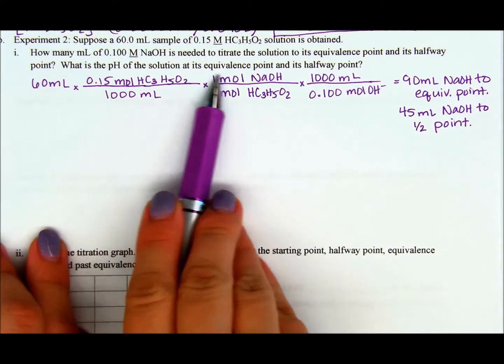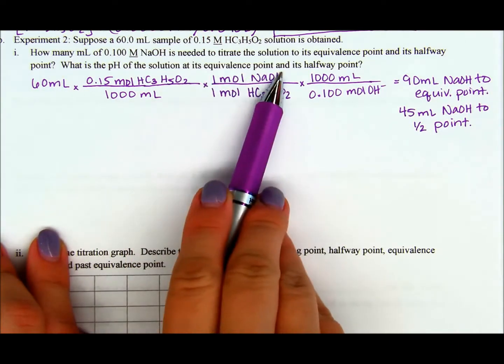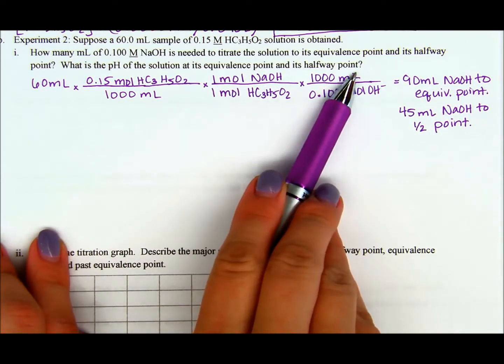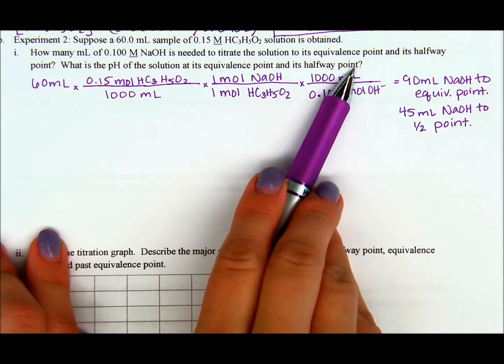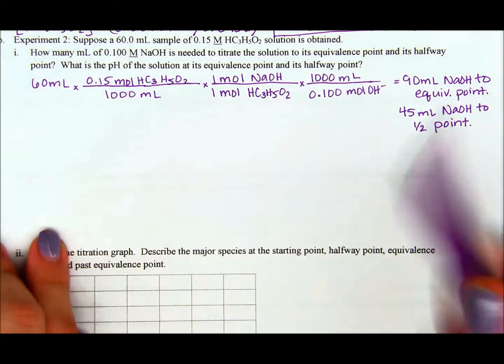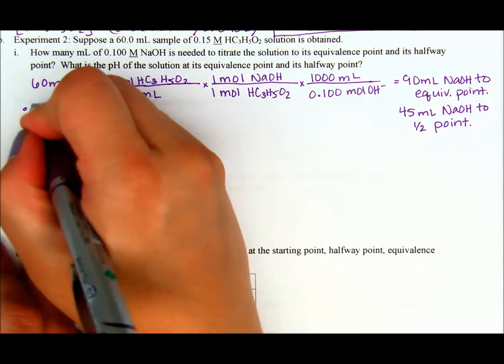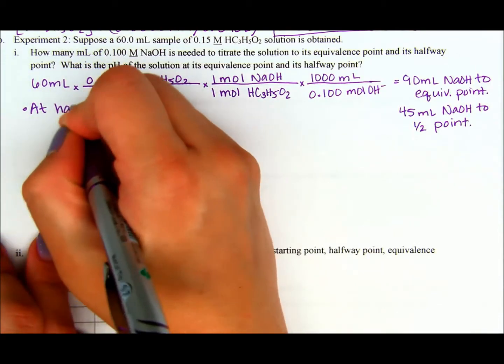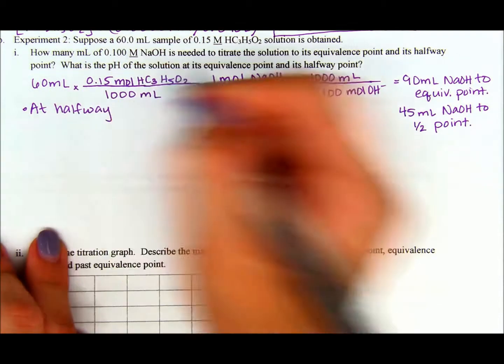Then, what is the pH of the solution at its equivalence point and at its halfway point? The easiest one to tackle is the halfway point, because we know at the halfway point the pH is equal to the pKa. We know this from our previous lesson.